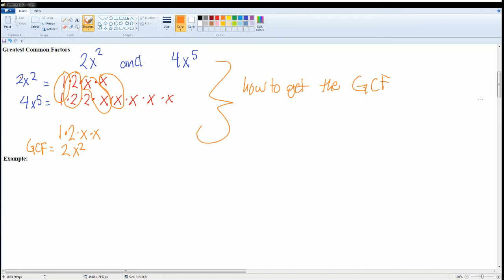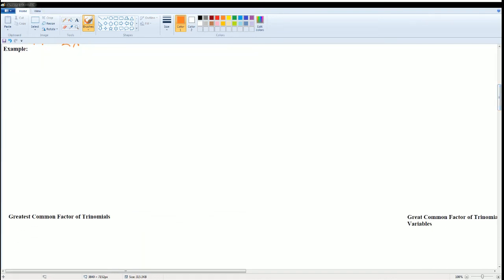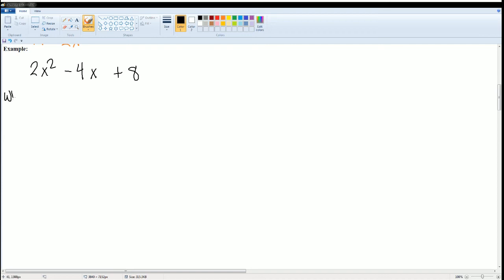So let's look at some examples. The first one, you have this polynomial, 2x squared minus 4x plus 8. Let's look at the GCF. What is the GCF, the greatest common factor?